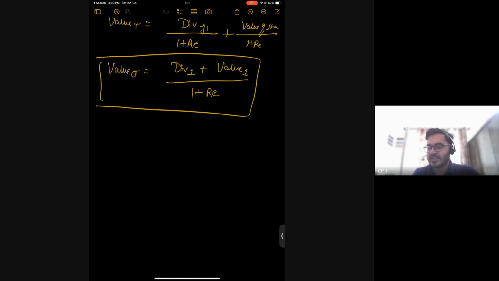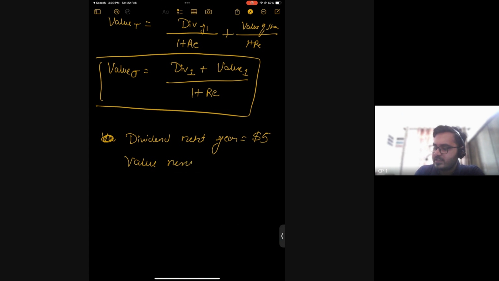So let's take a simple example. Let's assume that dividend next year is equal to $5. Value next year is equal to, let's just say, $75.